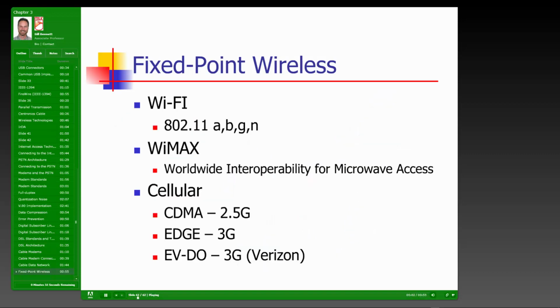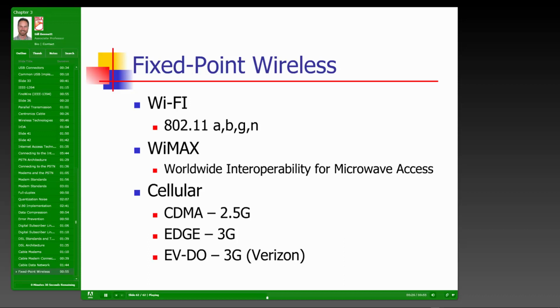Fixed point wireless is another access method. Fixed point meaning that there has to be an antenna, a receiver somewhere to pick up the signals from the wireless devices. So if you've got Wi-Fi in your laptop, for instance, you have to have some sort of antenna to be able to receive those signals. WiMAX has to have a microwave receiver.